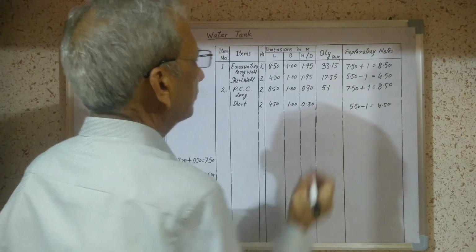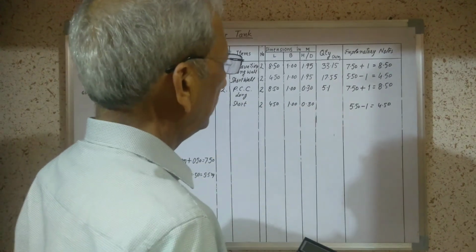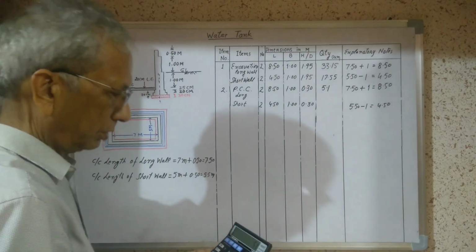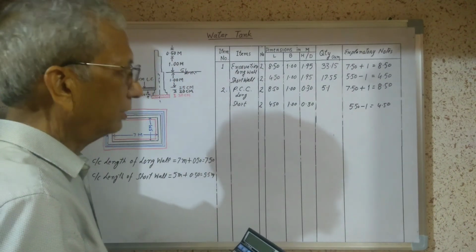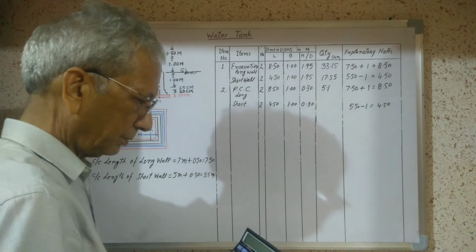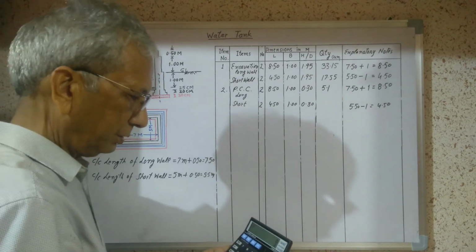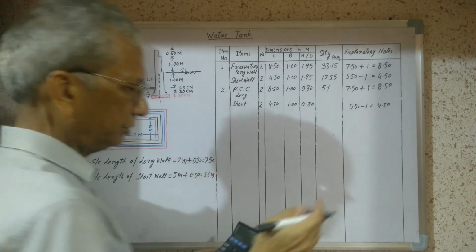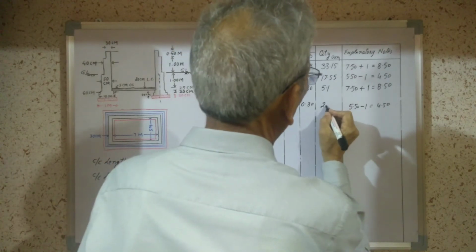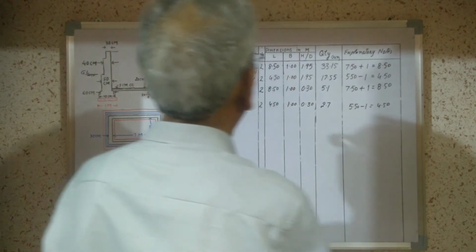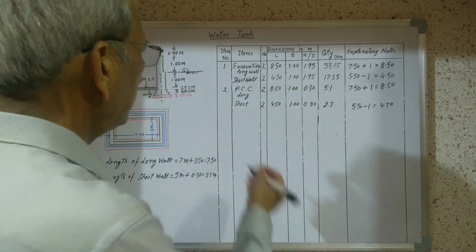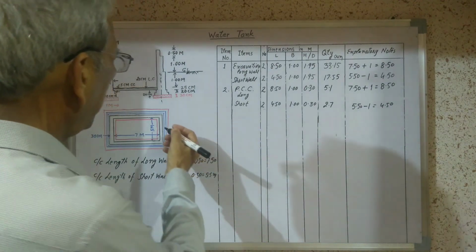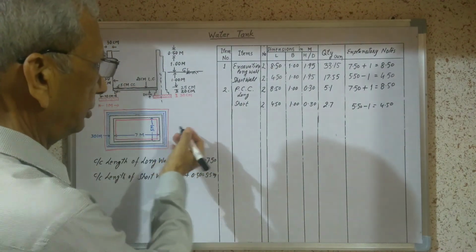Thickness 30. Now we will do the calculation. 2 number multiply by 4.5 multiply by 0.3. It is equal to 2.7 cubic meter.